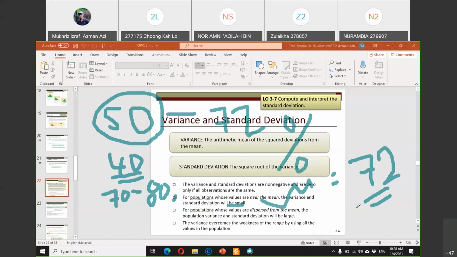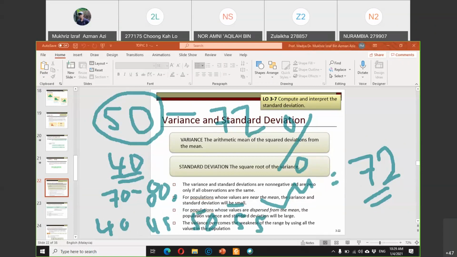But if the mean is 72, and when you look at the individual student grades, let's say there are students who get 40%, students who got 45%, students who got 50% in the final grade, students who got 55%. So when you look at the individual marks and the mean is 72, the individual marks are very far from 72.